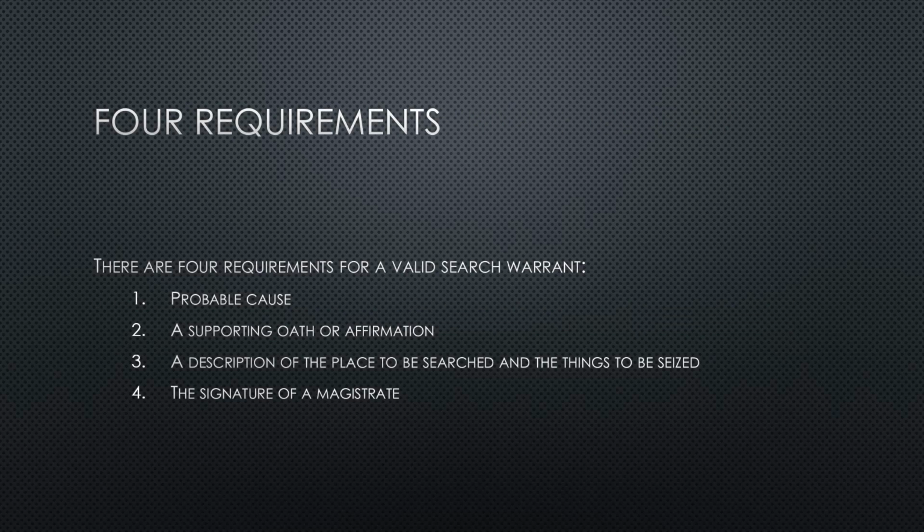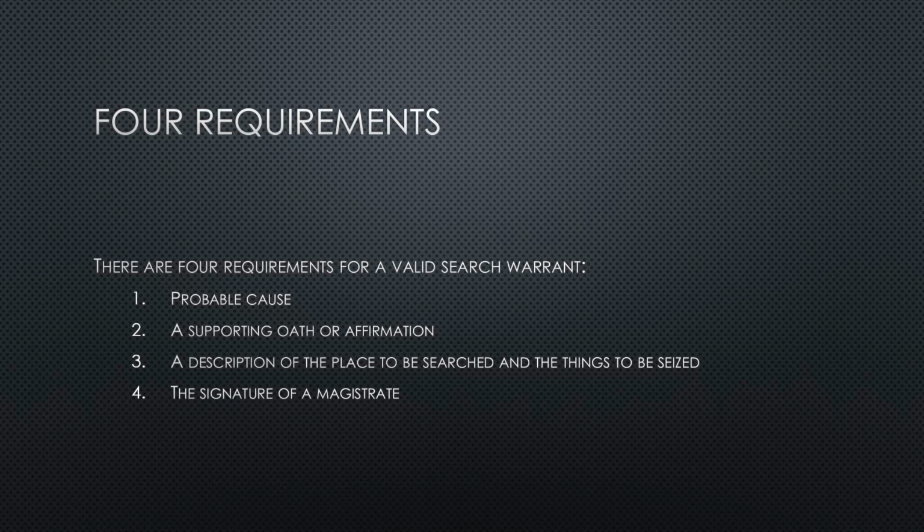Now, there are 4 requirements for a valid search warrant. That doesn't mean you can't have something that is called a search warrant that a court issued, but in order for it to be a valid search warrant, that is one that can pass scrutiny in a later court of appeals, for instance, it must have 4 elements or 4 requirements. First is probable cause has to be there.